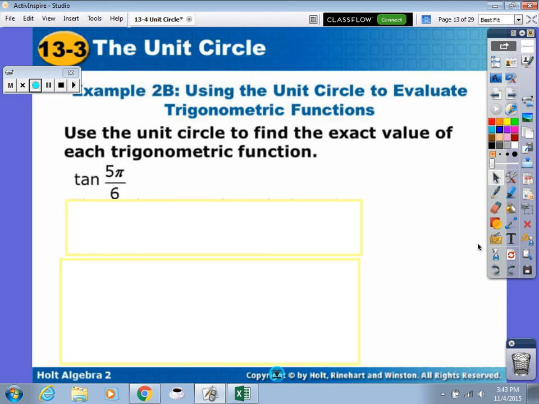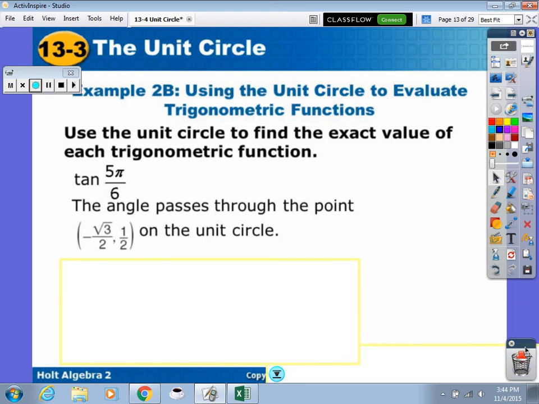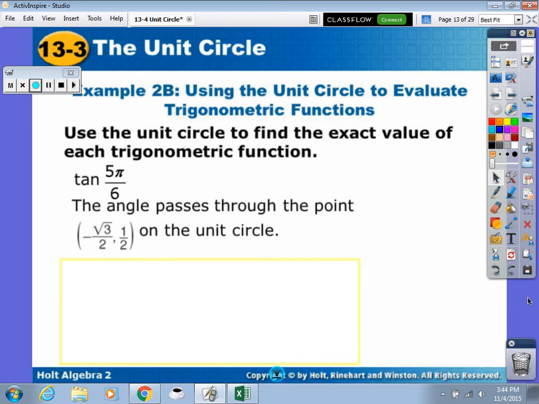On the other hand, we can try the same scenario, this time with our radian measures. We're looking for the tangent of 5 pi over 6, and this specific angle is found in the second quadrant. It helps to look at your unit circle when you see this. You will notice that associated with 5 pi over 6, the point is negative root 3 over 2 and 1/2 on the unit circle.